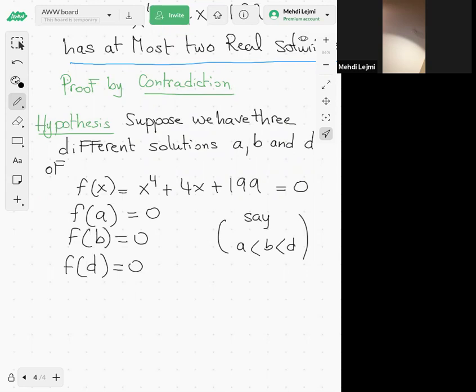If you take the interval AB, I'm gonna apply Rolle's theorem in the interval AB. So what does Rolle's theorem say? Well, f of A is equal to f of B is equal to 0.